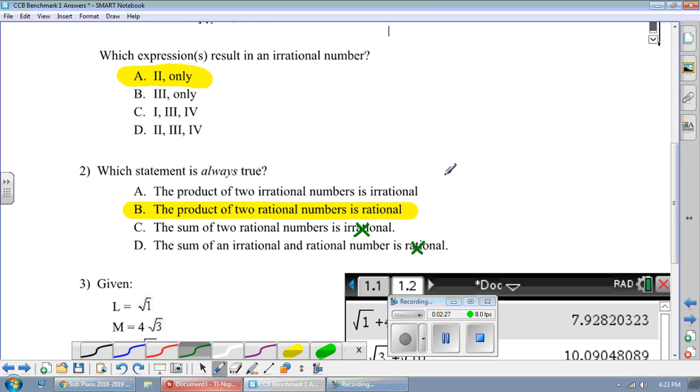And letter A is incorrect because if we multiply 2 irrational numbers together, sometimes we get irrational, sometimes we get rational. So for example, square root of 5 times square root of 5, that answer is 5. That's not an irrational number. So this statement is not true. So letter B is the one that is always true.